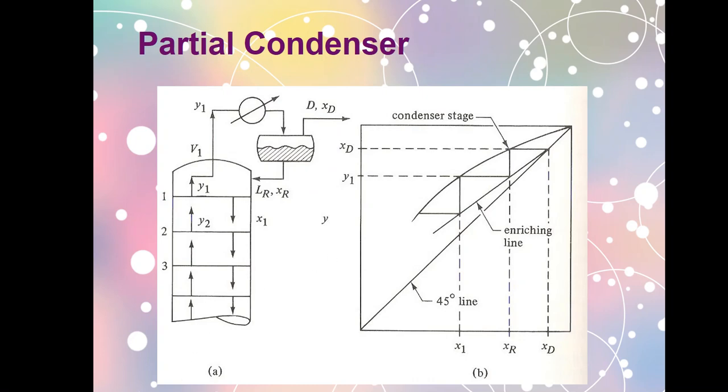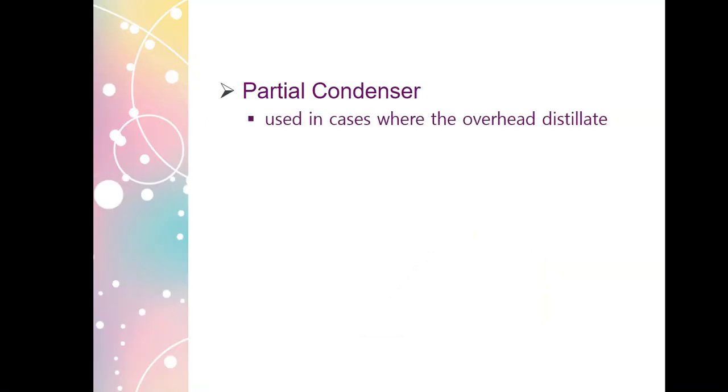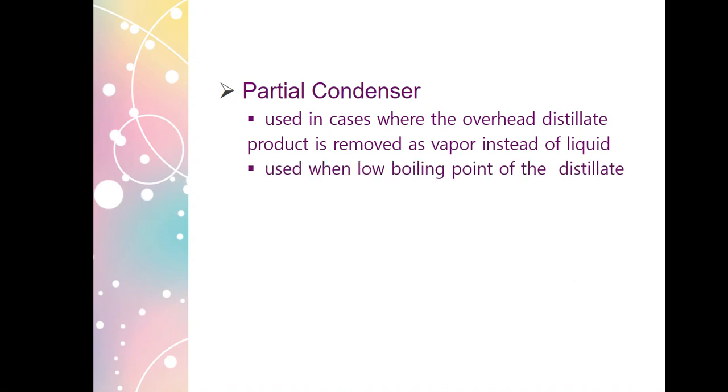So what about this partial condenser? This is used in cases where the overhead distillate product is removed as vapor instead of liquid. So you want to remove a product that is not fully converted into liquid. So then you have to use a partial condenser. This is used when the low boiling point of the distillate makes complete condensation impossible.